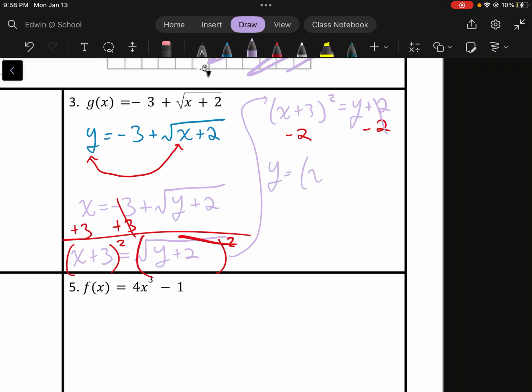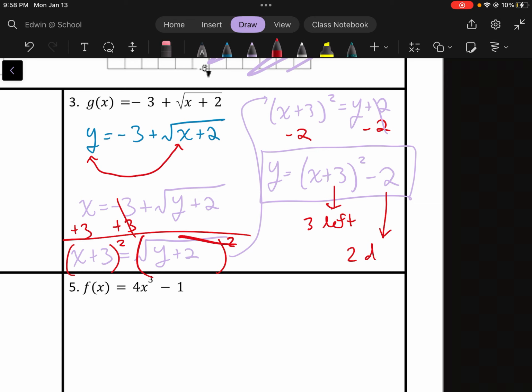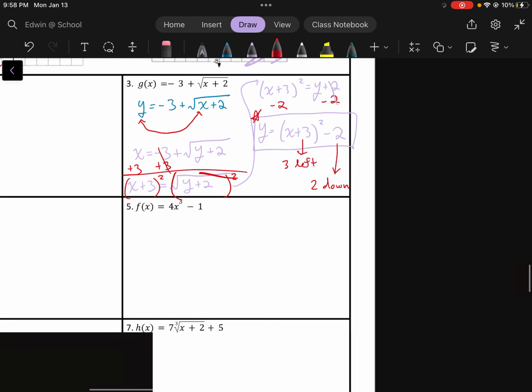So we're going to end up with an equation with x plus 3 squared minus 2. We could even say that this equation got shifted 3 to the left and 2 down. That's why it helps to not expand it out all the time, but that's just an extension. Point is, we got our inverse function right here in the purple box.